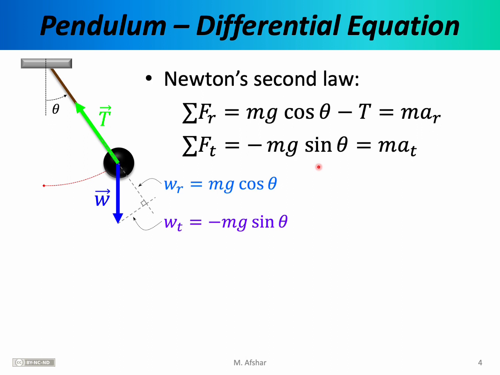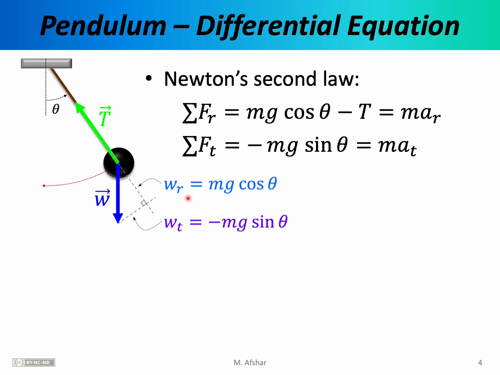Newton's second law of motion tells us that the net force is equal to mass times acceleration. In practice, when you're using Newton's second law of motion, you need to decompose the forces into components. If you're using Cartesian components, then you need to talk about the net force in the x direction and the net force in the y direction.